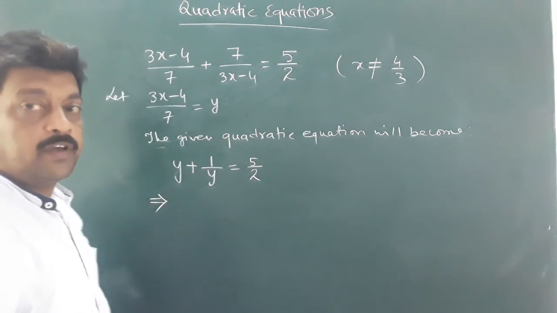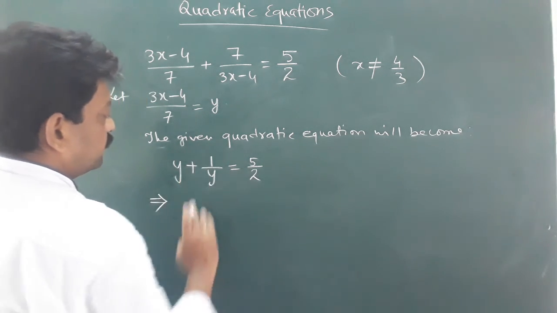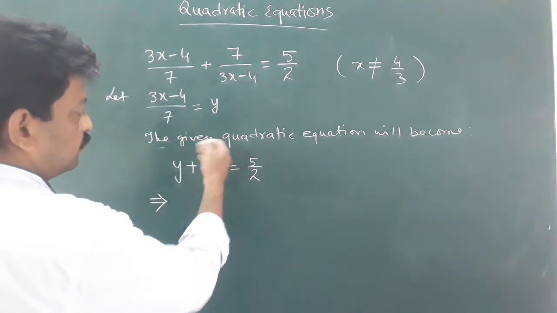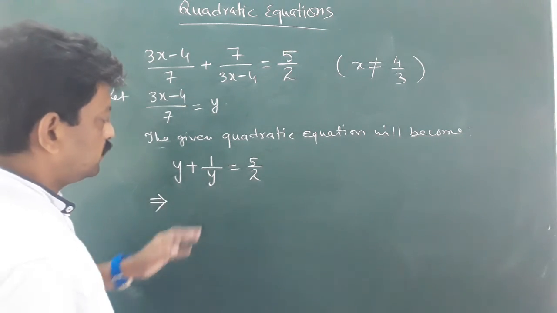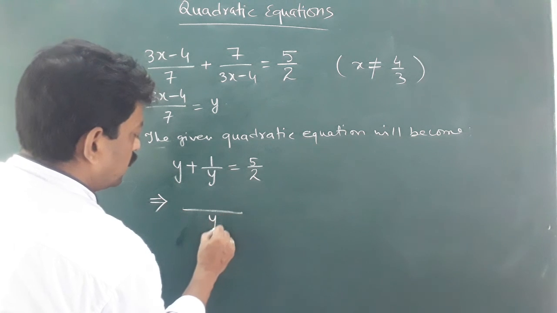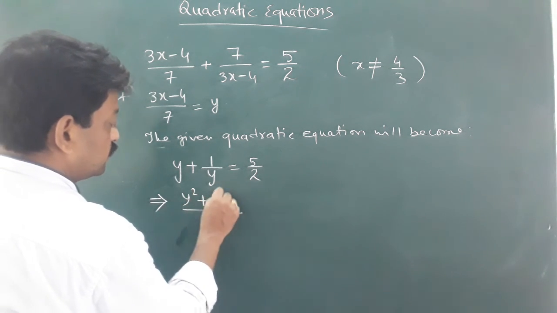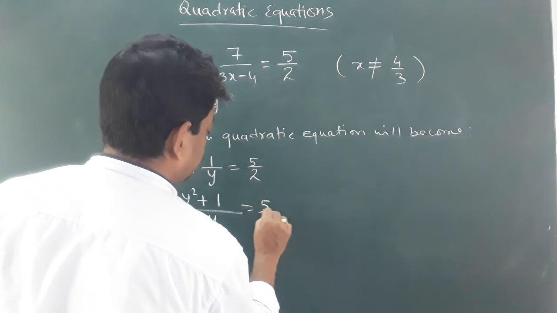Now we have to simplify in the general manner. This is in the form of a fraction, 1 upon y, numerator upon denominator. So first of all we take the LCM and simplify. y is the LCM, so y multiplied by y is y square, plus 1, equals 5 upon 2.